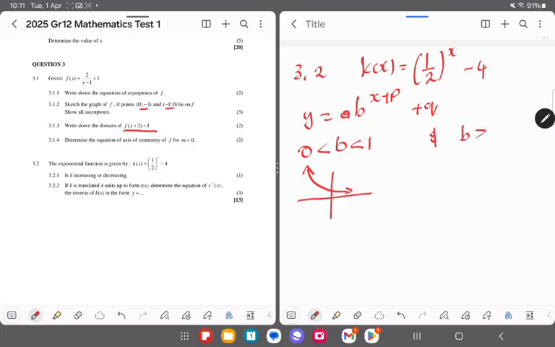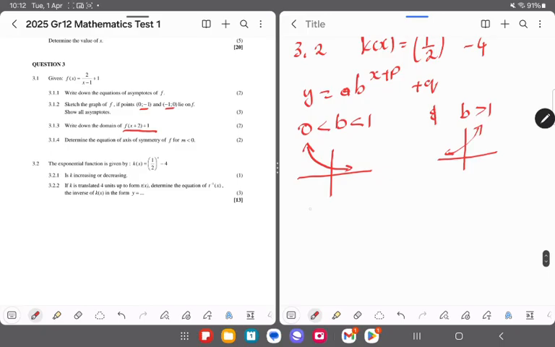And if b is greater than 1, then your function will be an increasing function. Now, in this case, the value of a is 1, and then your b value is 1/2. So it means b lies between 0 and 1. Therefore, we can say for 3.21, we are having a decreasing function. We can say k is decreasing.